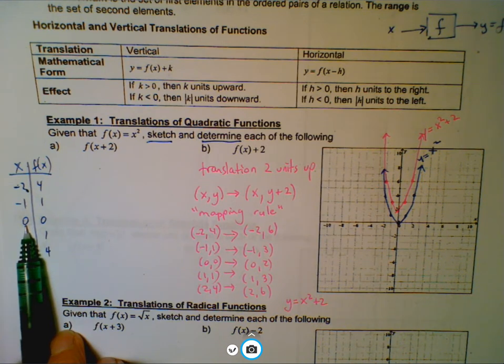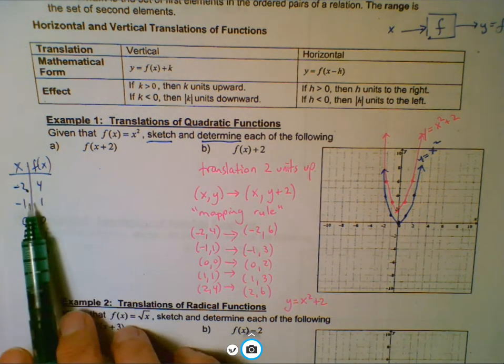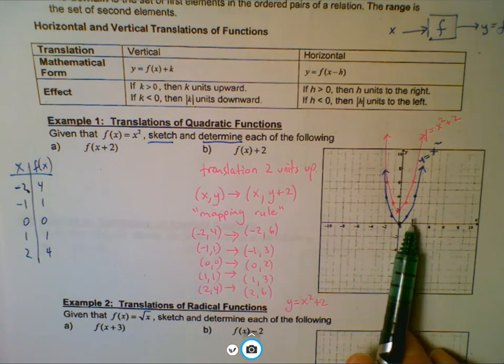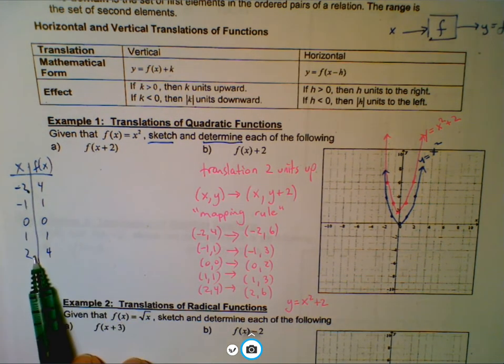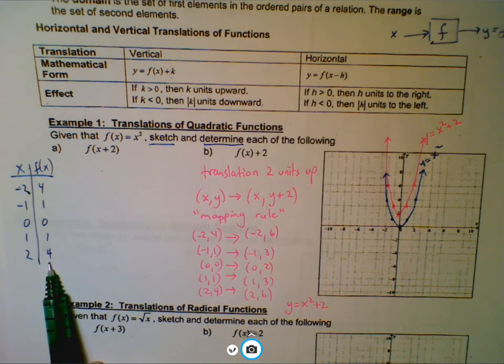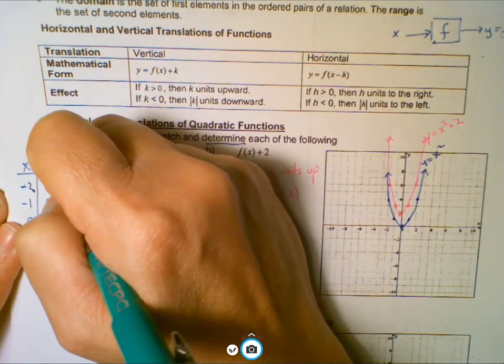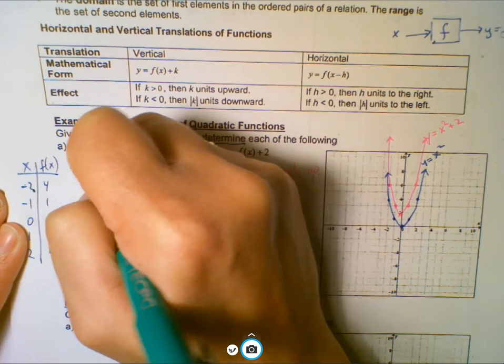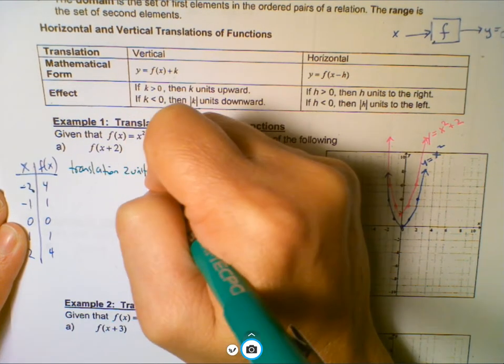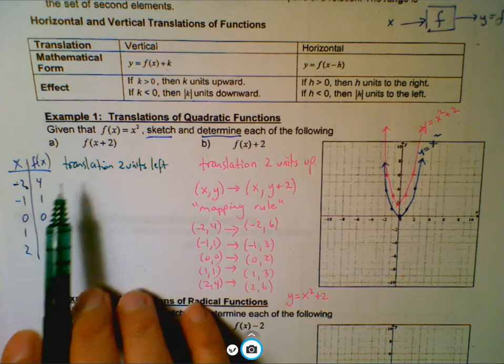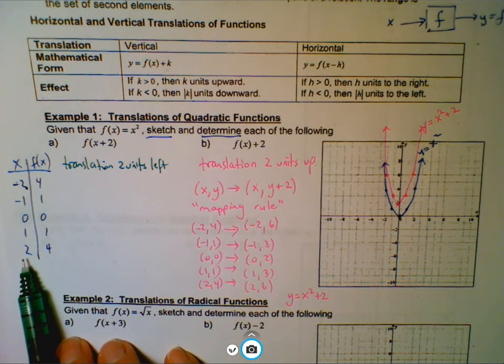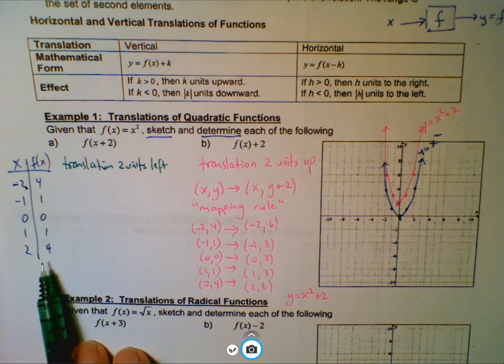So what's happening with this transformation is, in order for x plus 2 to equal these values, our x's are going to have to be 2 units smaller, so that when we add 2, we're going to get this table, which produces these y's. So the result of that is a translation to the left. So I'm going to write here, it's a translation 2 units left. Each of those x values, when you add 2 to them, should give us these x values because that's what's going to produce these y's.